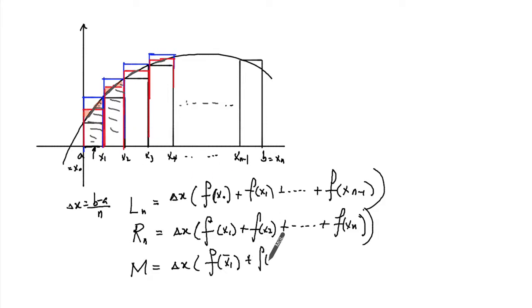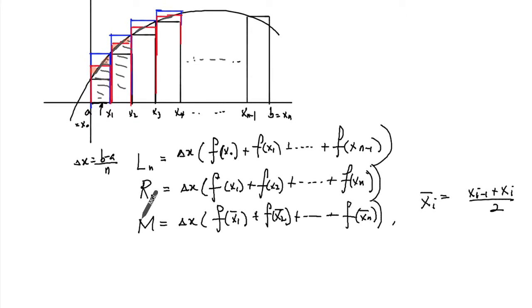Then x2 bar, all the way until xn bar, where xi bar represents xi minus 1 plus xi, divided by 2. It's the midpoint between this one and the previous x value. That's the midpoint.